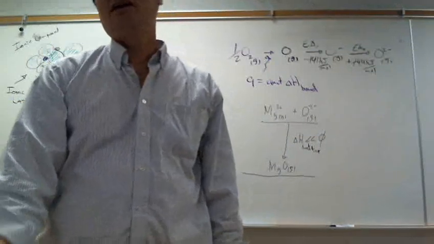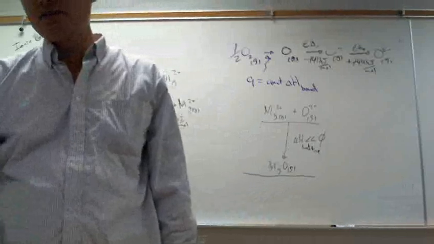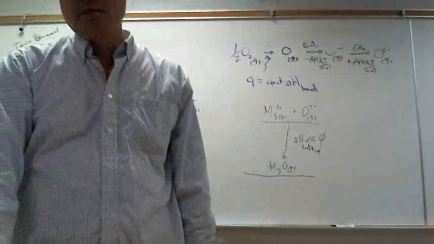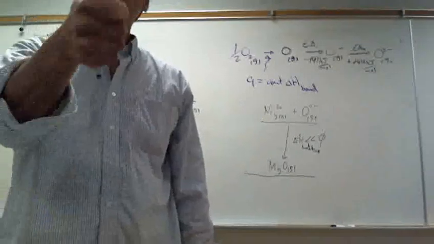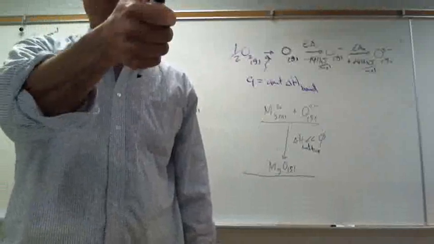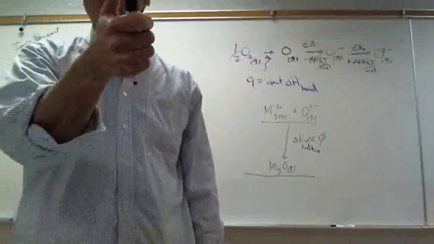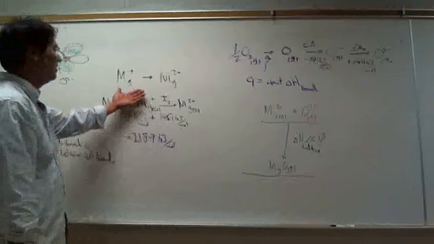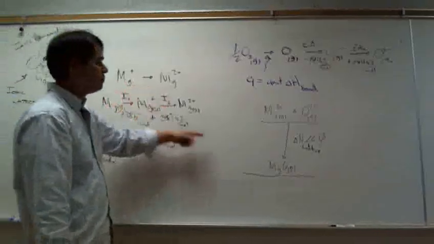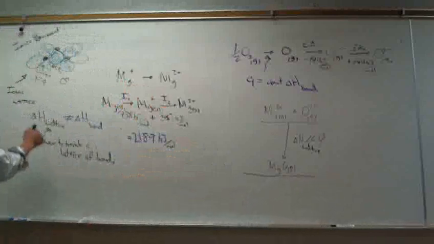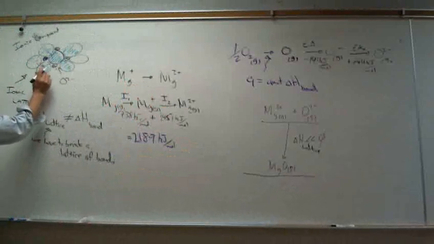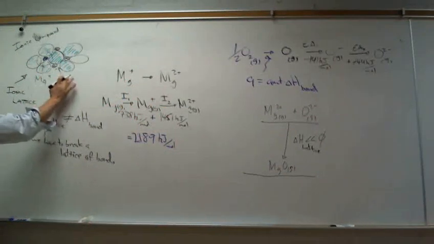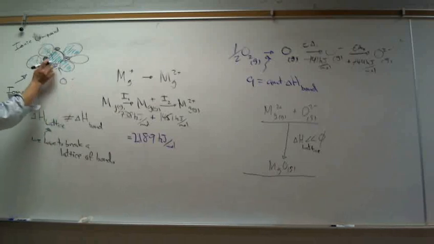This is like, I don't know if you're into gambling. Maybe I shouldn't use gambling analogies for some of it. But if you are at the penny slot machine, are you going to expect to win big? No. And so the same thing here. If it were a +1 and a -1, that is, if we drop the charge to +1 and drop the charge to -1, what would that do to one of these bonds?